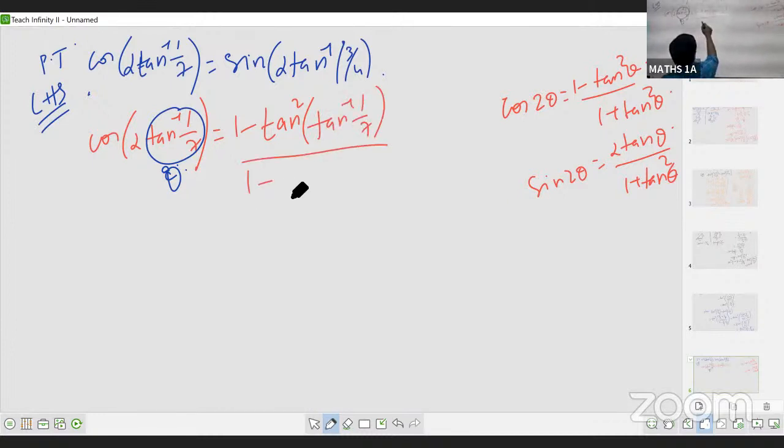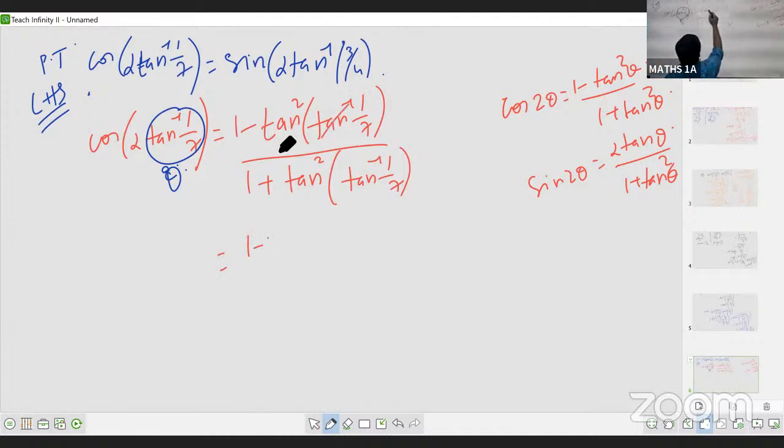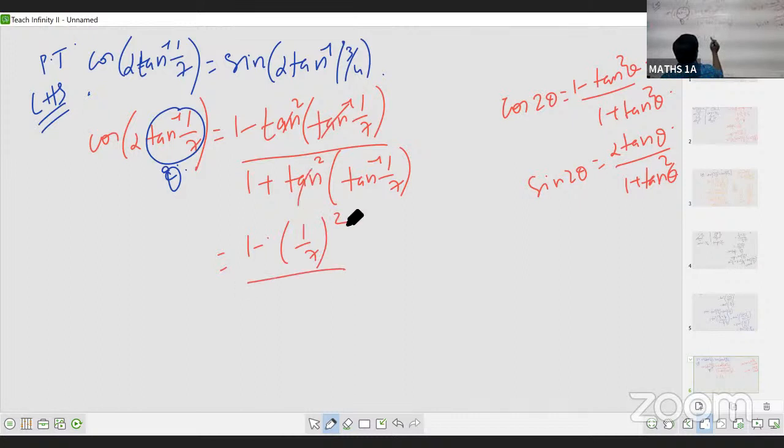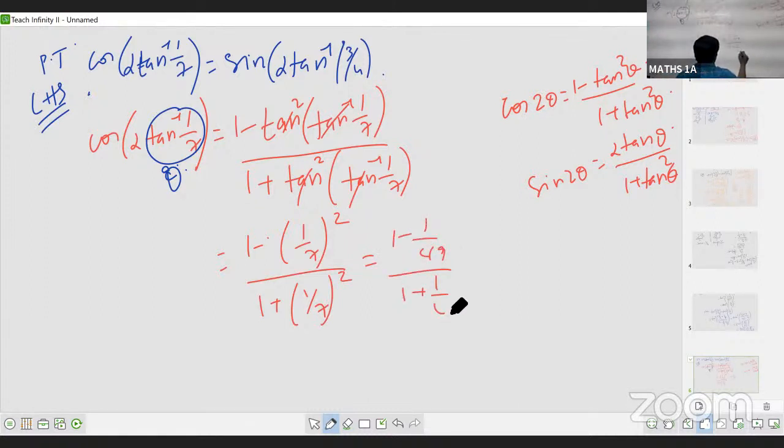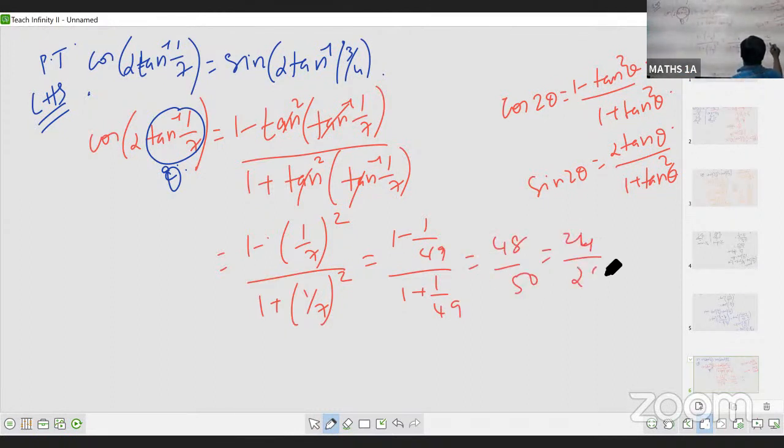Tan and tan inverse get cancelled. That is 1 minus 1 by 7 whole square by 1 plus 1 by 7 whole square. That is 1 minus 1 by 49 by 1 plus 1 by 49. So that is 48 by 50, 24 by 25.